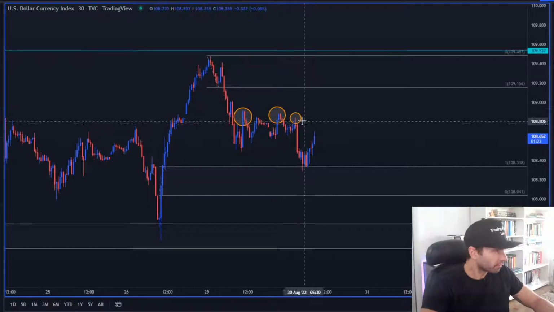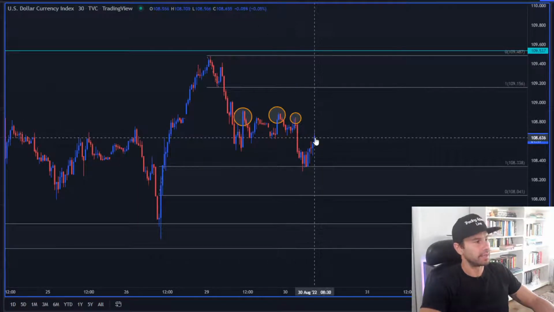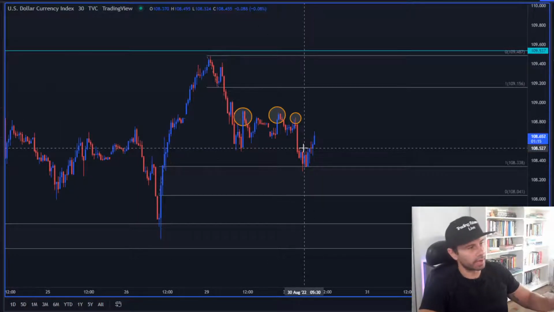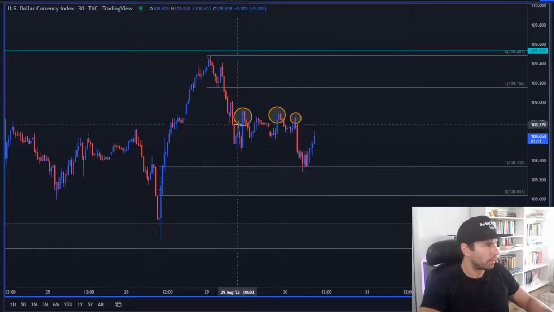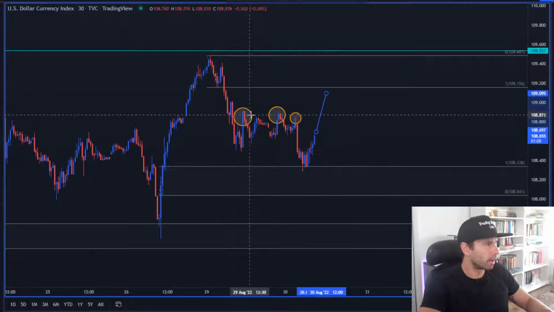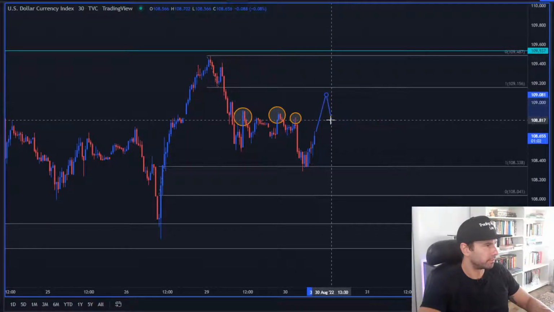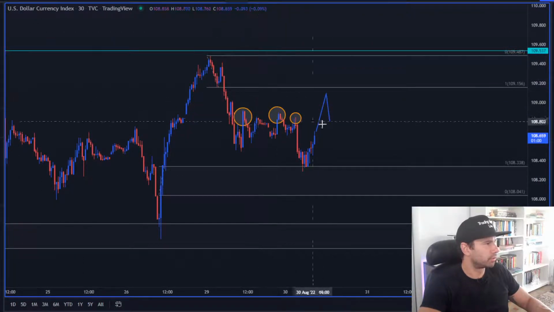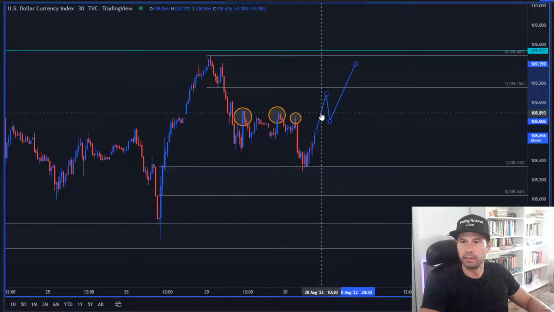So for me to take a bullish bias in the dollar today, meaning the market will drop, I will need the dollar to break these pivots, right? Break them all up and then retest them and then continue to the upside. That's my bearish scenario for today.